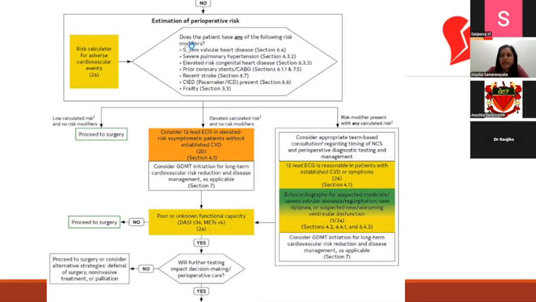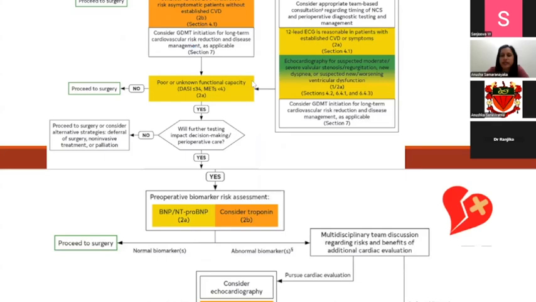But we can do troponin easily, and if the patient is having these biomarkers, high consideration these biomarkers, again, the patient is going through the pathway of additional investigations, including the stress test and coronary angiogram.